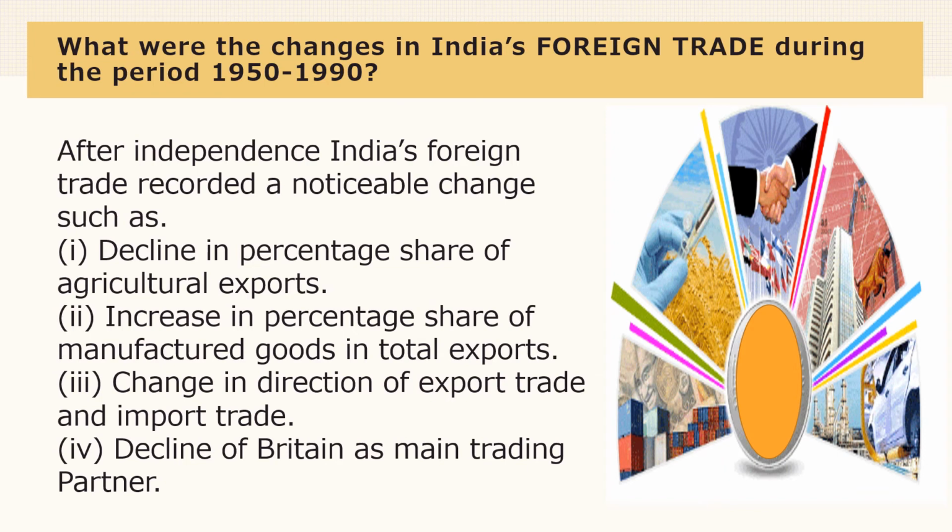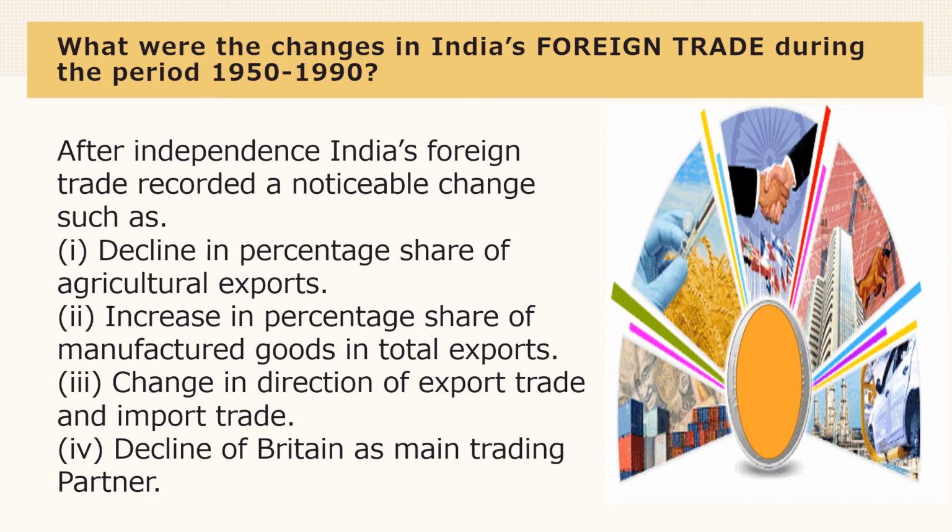Now, what were the changes in India's foreign trade during the period of 1950 to 1990? So we are now moving into studying the trade sector and what happened during the planning period in this sector.